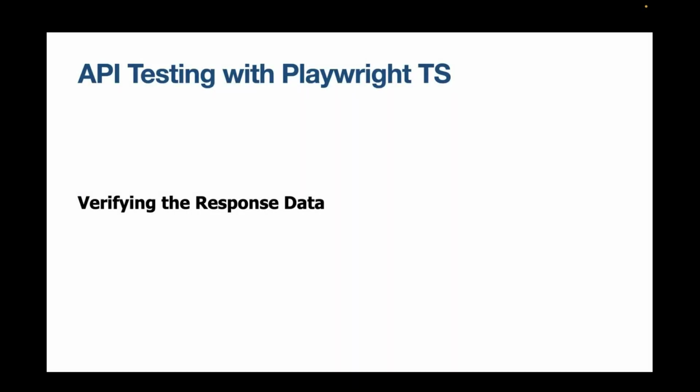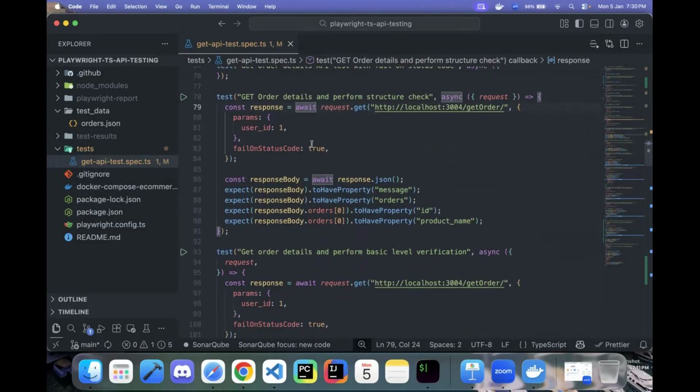We learned about sending the get API request with Playwright TypeScript using single or multiple parameters, with headers, with timeout, and using failOnStatusCode. Now let's verify the response data. There are multiple ways in which we can verify the response data, which we will check out shortly. The first verification we will perform is to check the structure of the record that we get in the response.